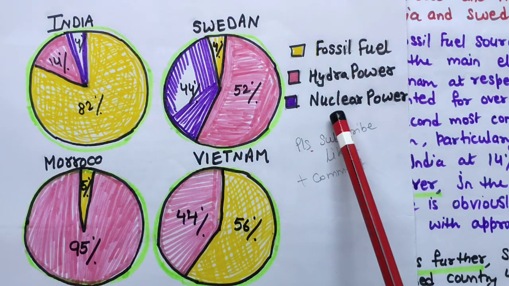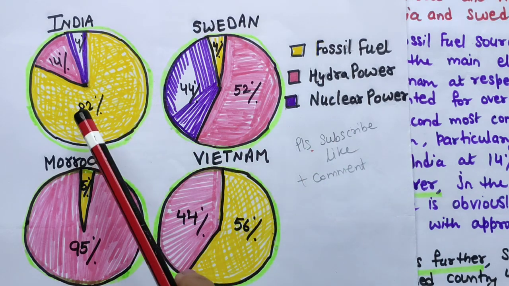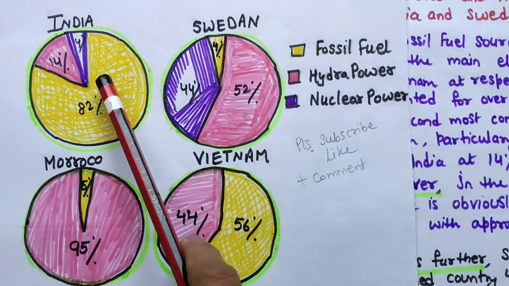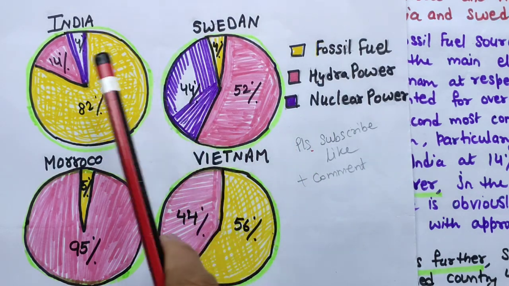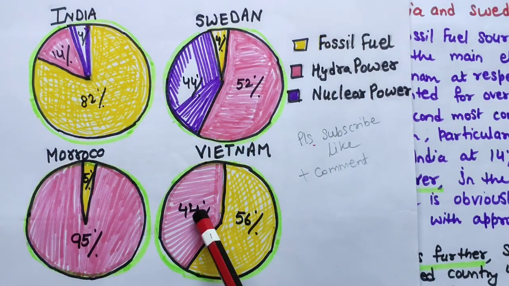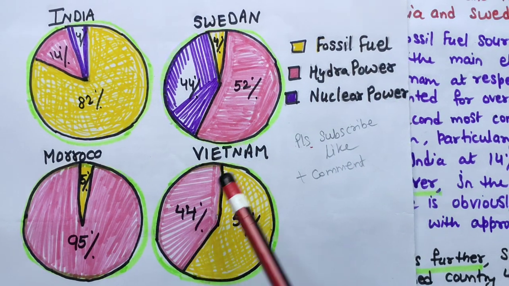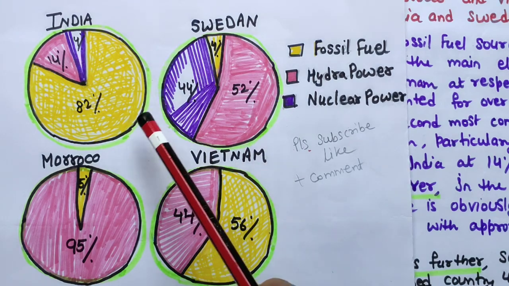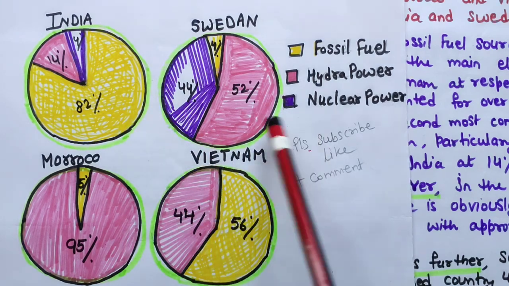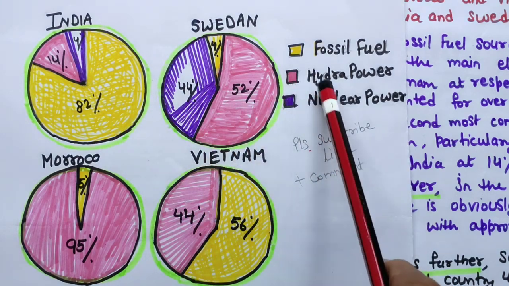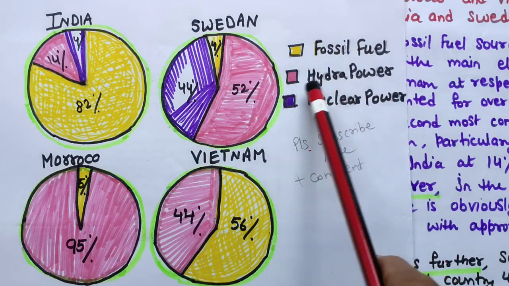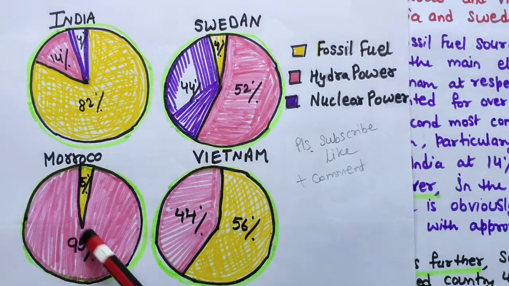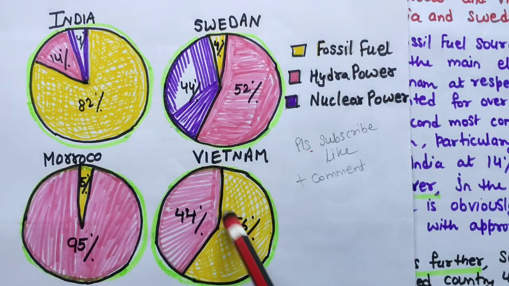So nuclear power was used by 2 countries only, Sweden and India, but these 2 countries are not using it. Okay, so we have analyzed these 4 charts, that which one is at number 1, which one is using highest fossil fuel or hydropower or nuclear power. We have analyzed, we have read the statements.